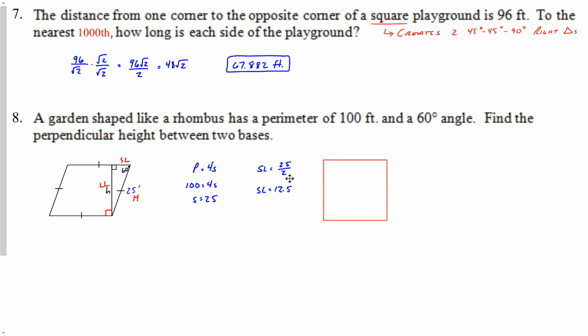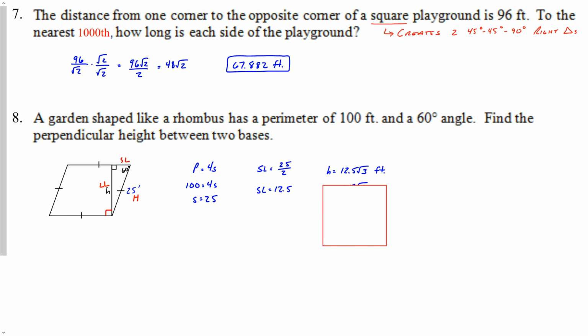So first of all, 25 over 2 is a terminating decimal, so I'm okay with you giving me the 12.5 answer. So if you take 12.5 and you multiply it by the square root of 3, your answer for the height would just be 12.5 square root of 3 feet. If you kept it in fraction form, 25 over 2 times the square root of 3.